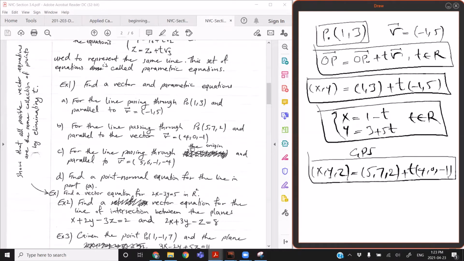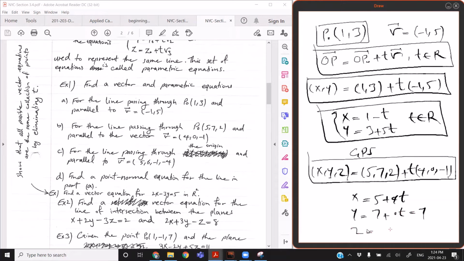Let's do part C. Oh, I'm not done with this one yet because I also need to write the parametric equations. It's going to be very easy. x is 5 plus 4t. y is 7 plus 0 times t, which I can just write as y equals 7.